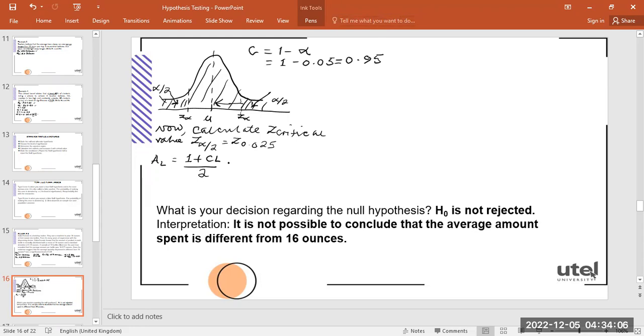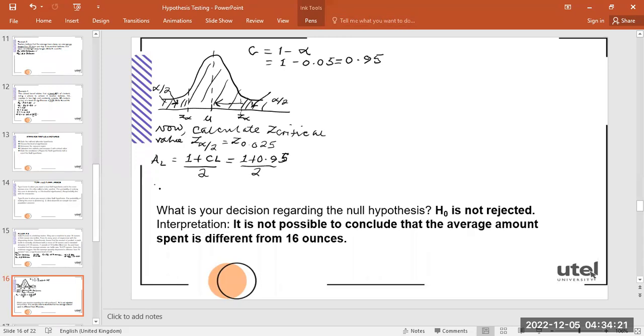So this implies that we are going to have 1 plus 0.95, divided by 2.